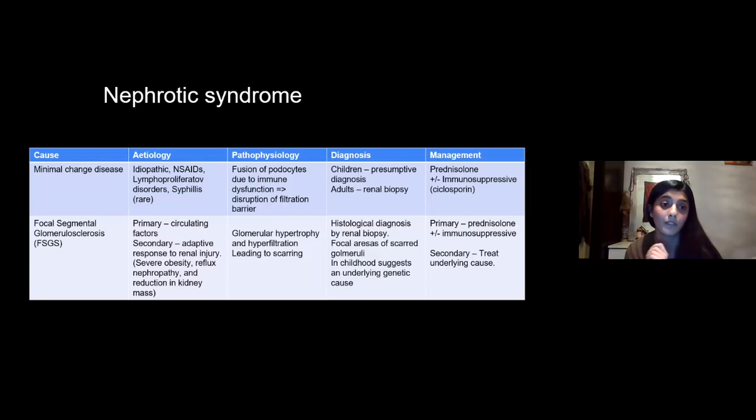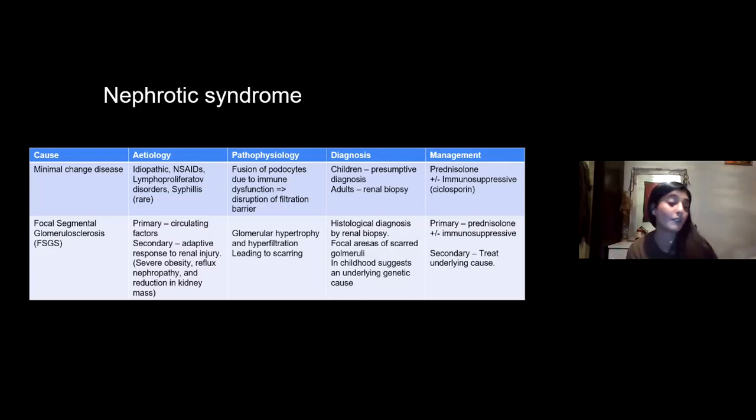Another type of nephrotic syndrome that we have is called focal segmental glomerulosclerosis. Sclerosis is a word for scarring, and glomerular obviously being our glomerulus. So we have scarring of focal segments of our glomerulus in the kidneys.